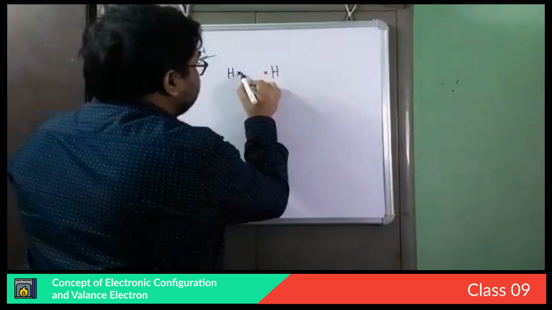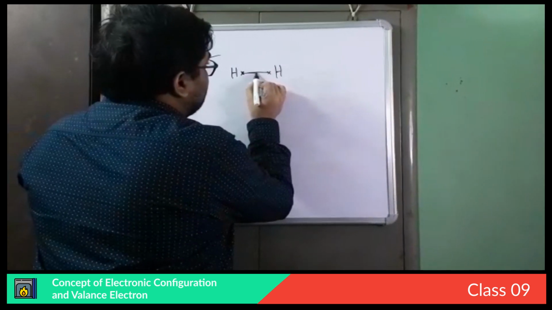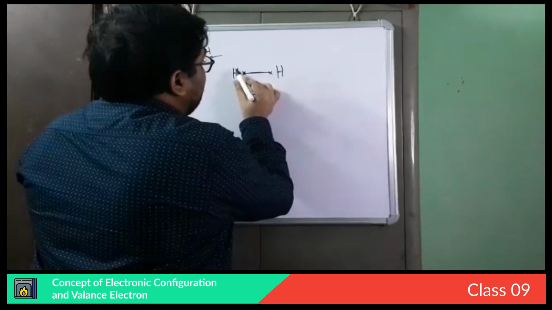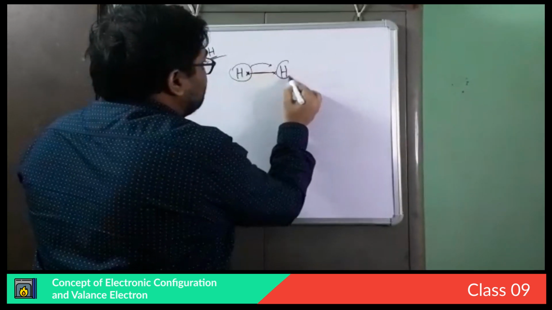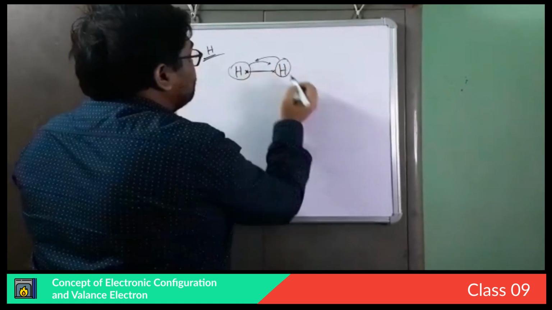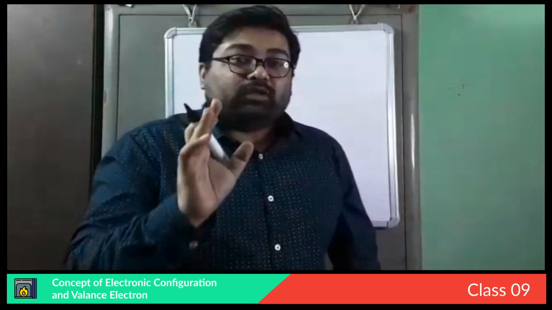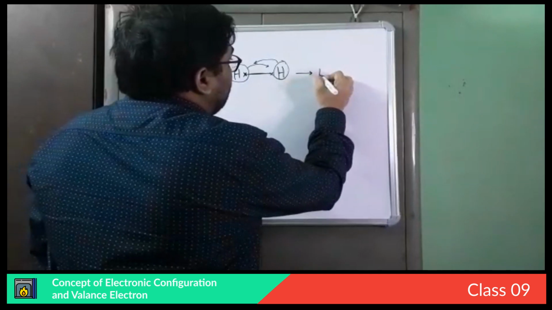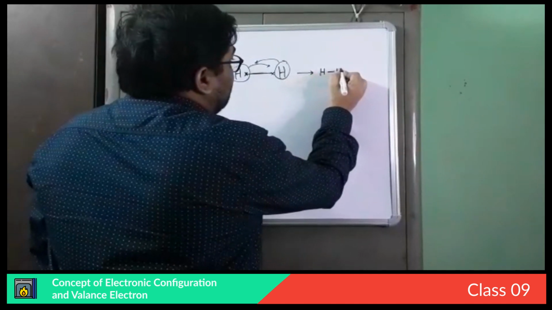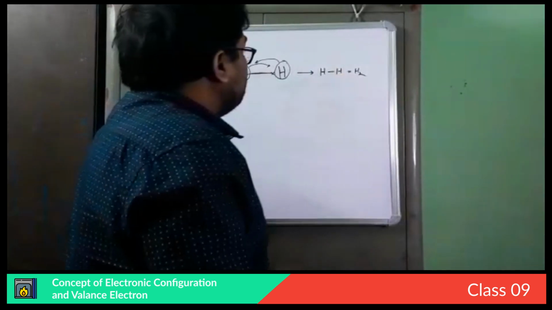So in this way, these 2 electrons are bonded. That means this atom shares its electron with this atom, and same is the case for this. So mutual sharing between the electrons of 2 atoms of the element will give you a covalent bond, and as a result the bond will be formed like this, and this is equal to H2, right?